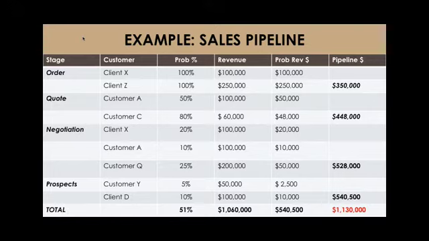Yeah. So, well, the point of the probabilities is so that you don't overestimate. You win the work or you won't, but often you have a better feel for whether you're going to win it or not.